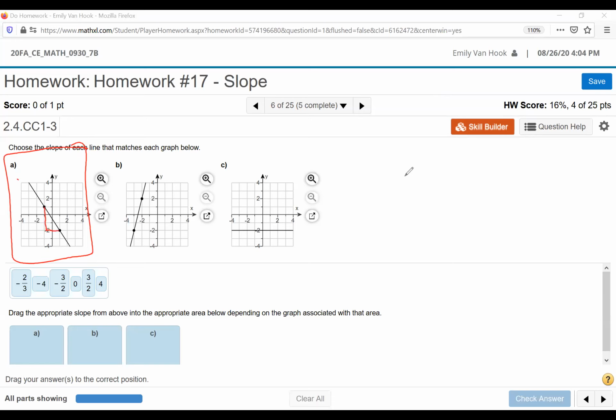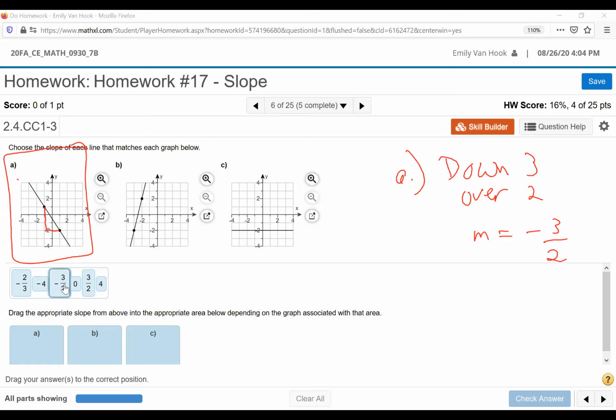So it looks like for choice A, we're going down 3 over 2. So that means my slope is negative 3 over 2. Now, if you look in our choices, there's negative 2 over 3. There's positive 3 over 2, but here's our negative 3 over 2. That's the one we want.